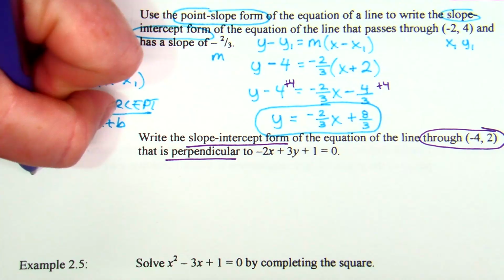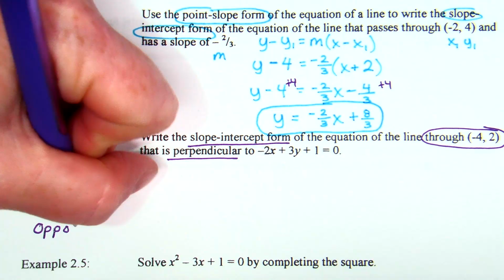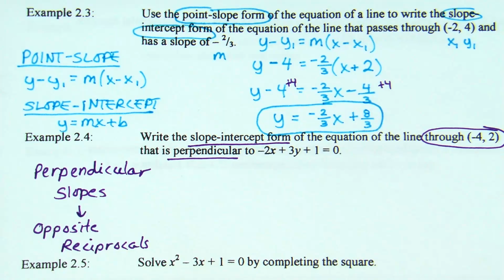Okay, so first of all, important to recall, lines that are perpendicular, their slopes are what we call opposite reciprocals. So I'm writing that down. Perpendicular slopes are opposite reciprocals. Opposite meaning positive instead of negative or negative instead of positive. Reciprocal meaning flip the fraction upside down.